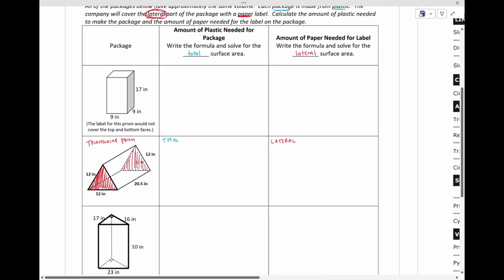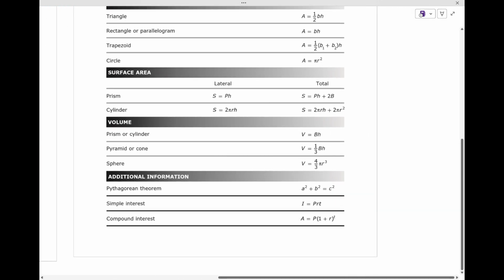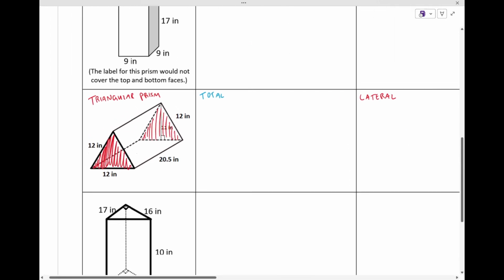And let's look at our formulas for that. Okay, so we're looking at the prism. Here we go. Alright, lateral surface area for a prism is P times H. Total is PH plus 2B. So total surface area is P times H. Let me get a new color here.